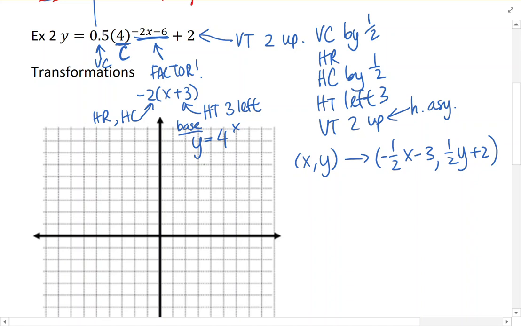When you do a quick table of values, we know that some of our key points are (0, 1), (1, 4), (negative 1, 1 over 4), and (negative 2, 1 over 16).